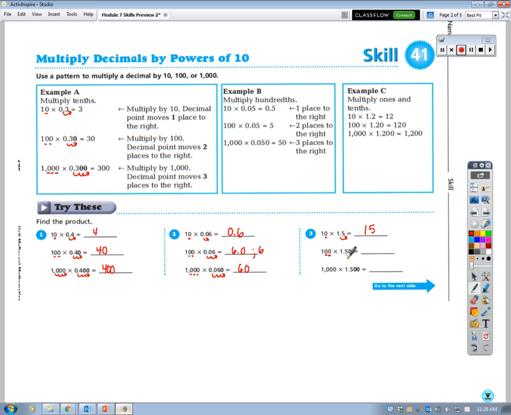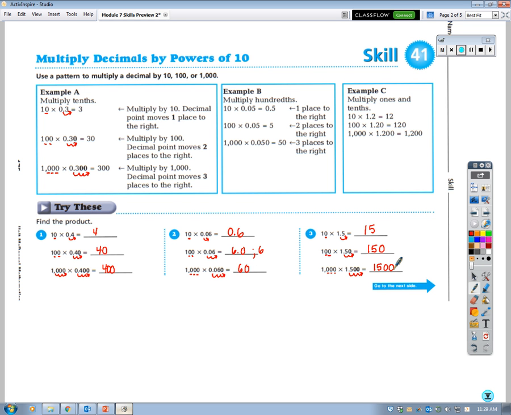We've got 2 zeros. We're moving that decimal 2 spaces to the right, and that turns into 150. That product is 150. 1,000 times 1 and 5/10, or in this case, 1 and 500 thousandths. We've got 3 zeros in our base 10, so we move that decimal 3 places to the right, and we have 1,500.